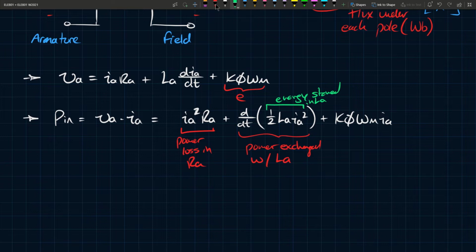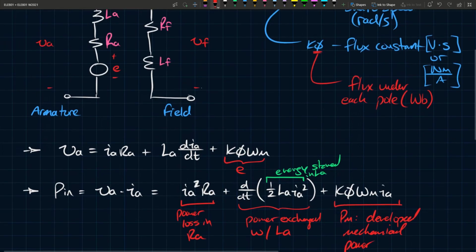You store it and then you retrieve it, and the losses are modeled by RA, which would be like the heat of the winding and so on. And this last term must therefore be PM, and we call this the developed mechanical power.